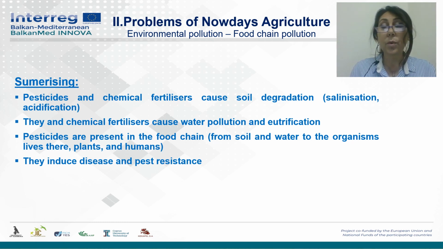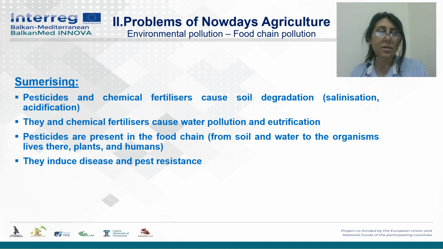And when I spoke about eutrophication, I explained what it means. Pesticides are present in the food chain because they move from soil and water to the organisms that live there, to the plants that we will use, and then to the humans. Because of these pollutants present in the food, or from the pollutants that we take from the air or the water, we can have diseases, and they induce disease and pest resistance.